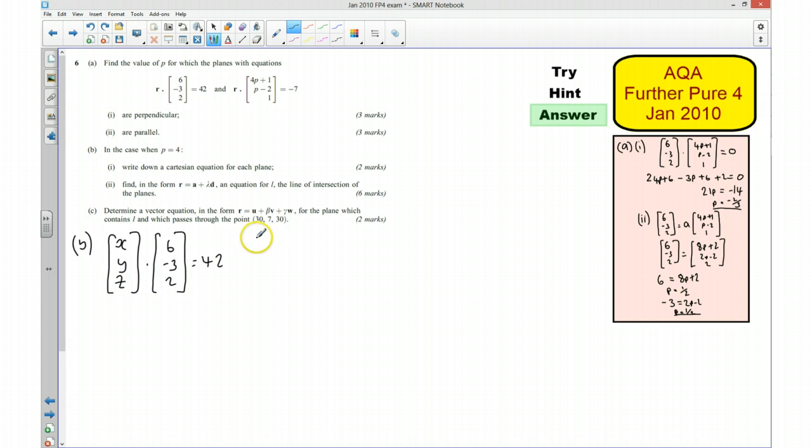So that's going to tell me that 6x take away 3y plus 2z is equal to 42. So that's going to be my first equation.